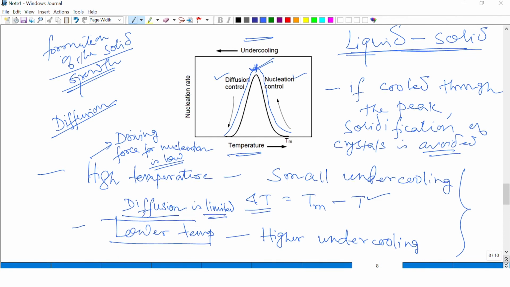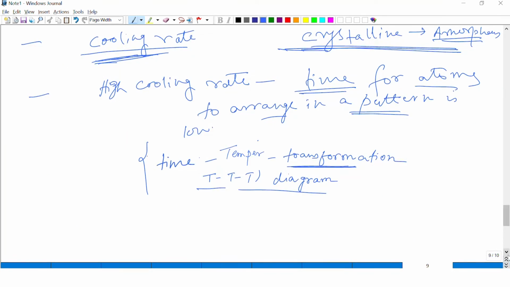And the arrangement of atoms for the formation of the crystalline solid will depend on this diffusion process, since the atoms have to arrange themselves into a particular order or into a particular pattern.